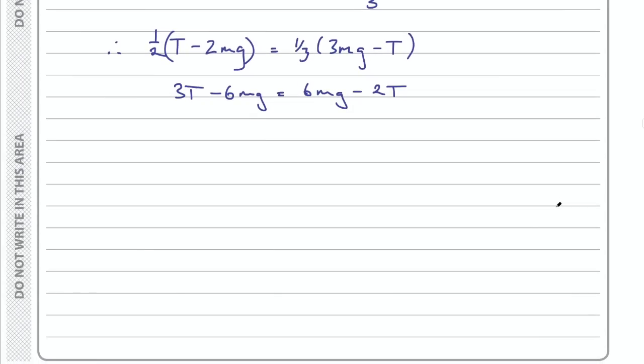Keep simplifying. Actually 3T plus 2T, that would be 5T equal to 6mg plus 6mg, that's 12mg, and then T is equal to 12mg on 5.